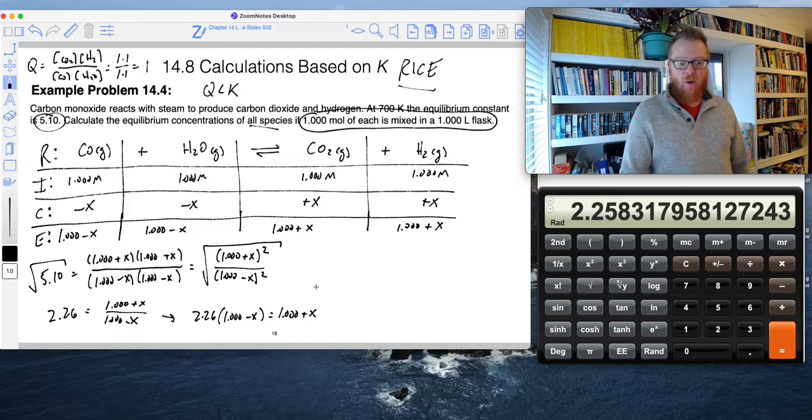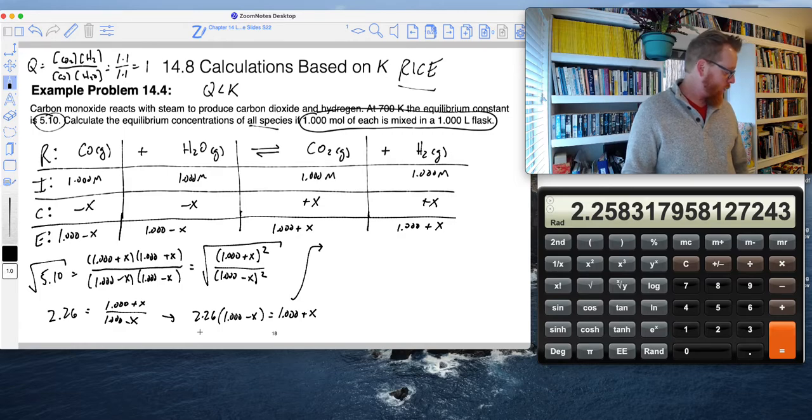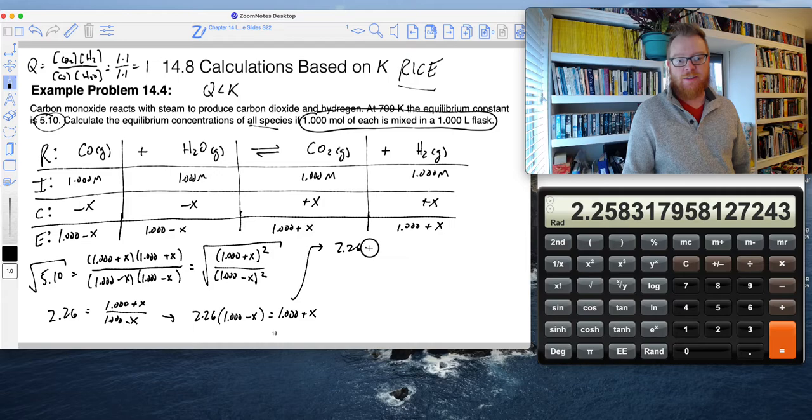Now continuing along, when I multiply through this 2.26, I've got 3 sig figs times 4 sig figs. The 3 sig figs is going to win, right? So that becomes 2.26 minus 2.26x.